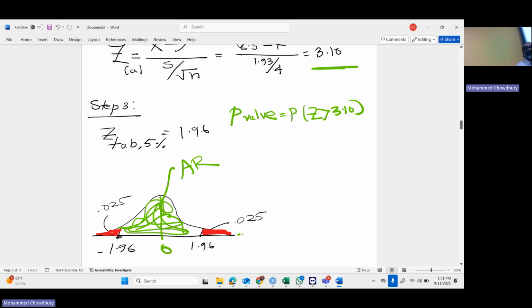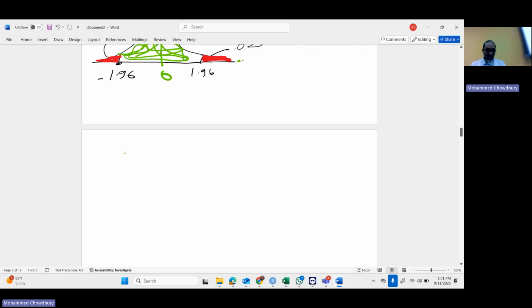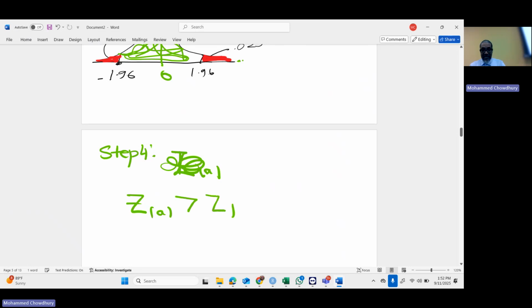Okay. Now the decision is what? Decision is now step 4. I am writing step 4. If z cal is greater than z tab, reject H0.